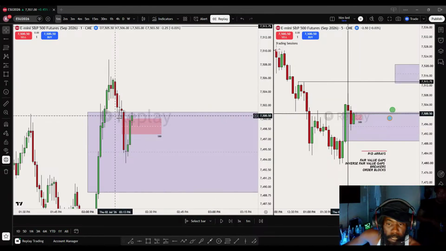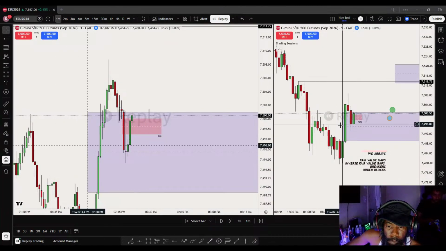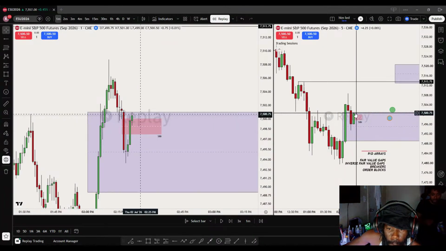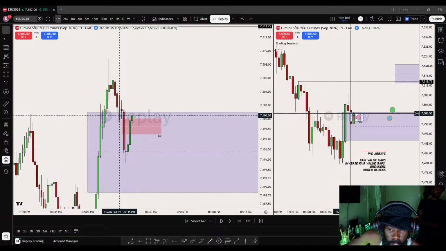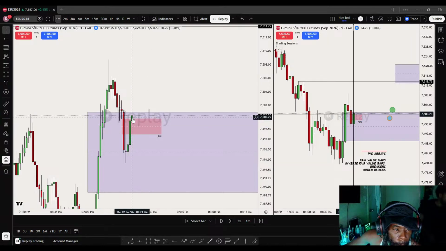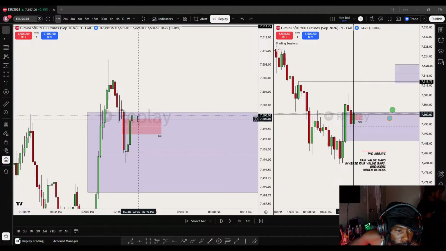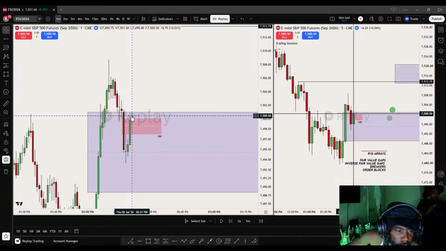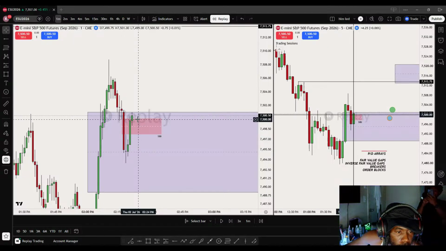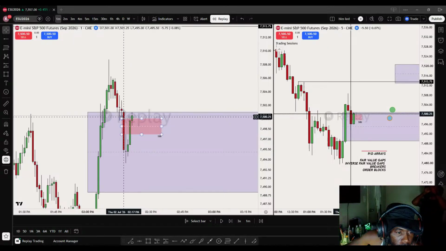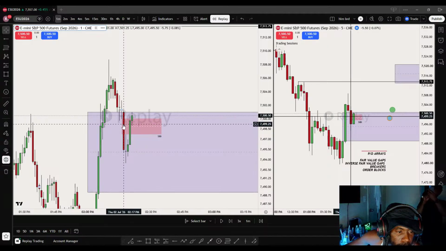Especially with us coming out of a higher time frame, remember we're in a 5 minute bullish fair value gap right now. So I want to see the bearish things get disrespected, which we already did when this one candle right here closed above it. It's got to be a body. It can't be a wick. As soon as a body closed above this bearish fair value gap, it's considered an inverse.